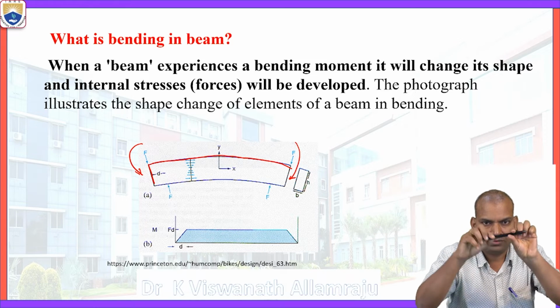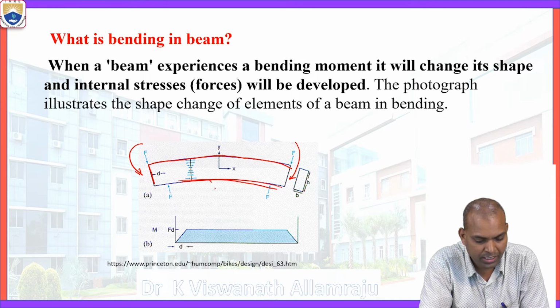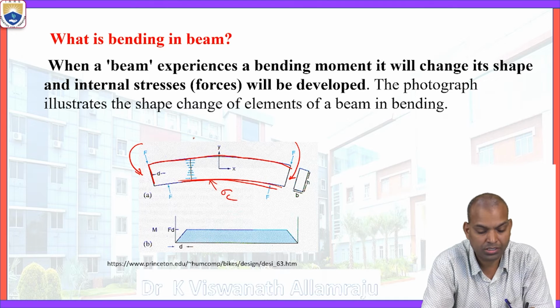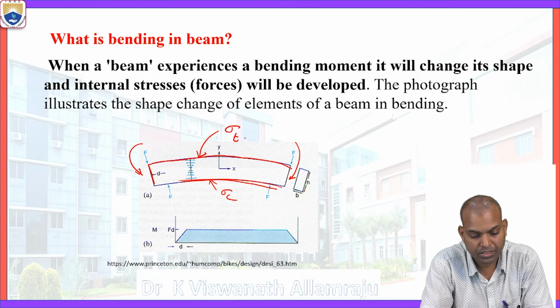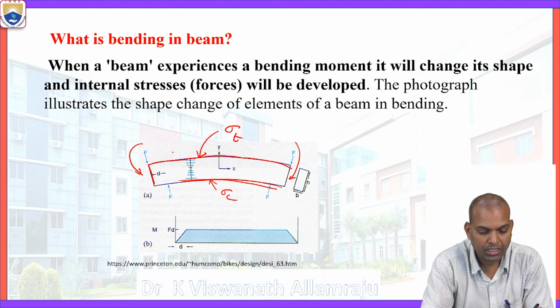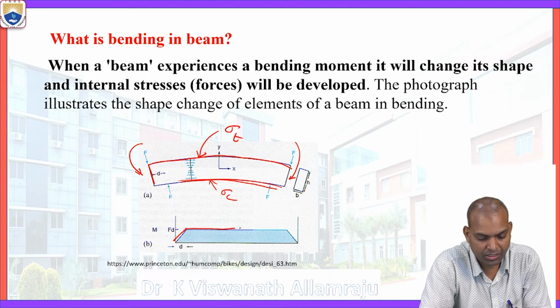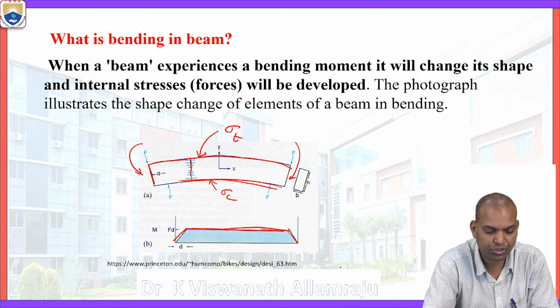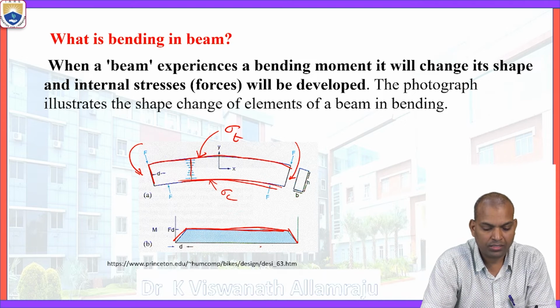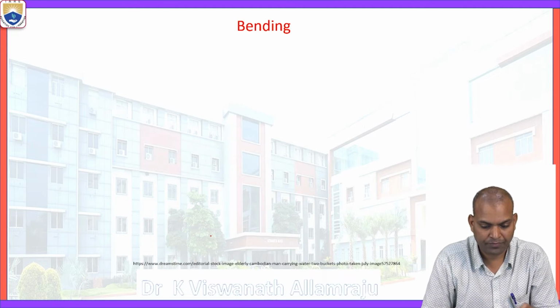When the beam bends, the bottom layer experiences compressive stresses and the top layer experiences tensile stresses. And what is the concept here? If you draw the bending moment diagram, it shows a constant bending moment for a particular portion. That is known as pure bending also. This is bending in a beam.